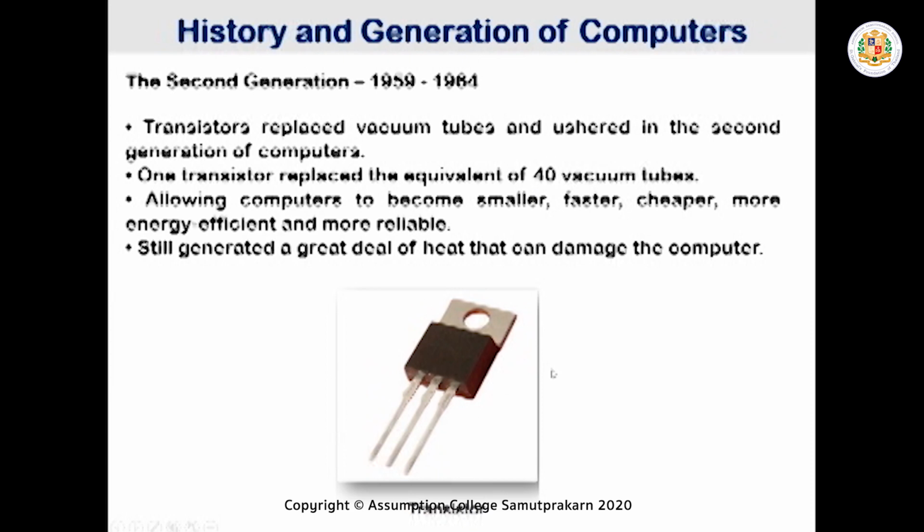So it requires smaller space to create the computer using a transistor, allowing the computers to become smaller, faster, cheaper, more energy efficient, and more reliable. But it was still generating a great deal of heat, which can also damage the computer.